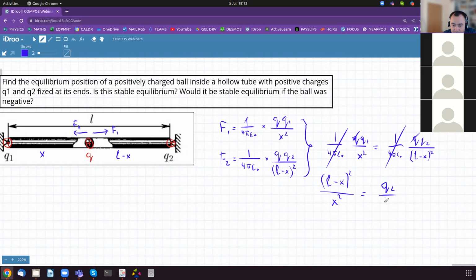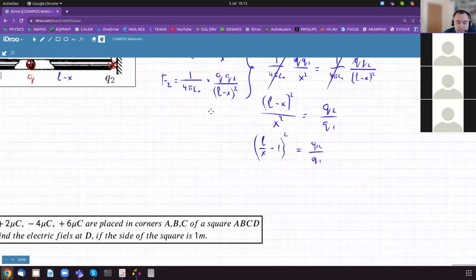Q2 over Q1. And here I'm going to make it into one fraction. So it's L over x minus 1 squared, which doesn't really look good, but what are you going to do about it? So Q2 over Q1. Take the square root of both sides.